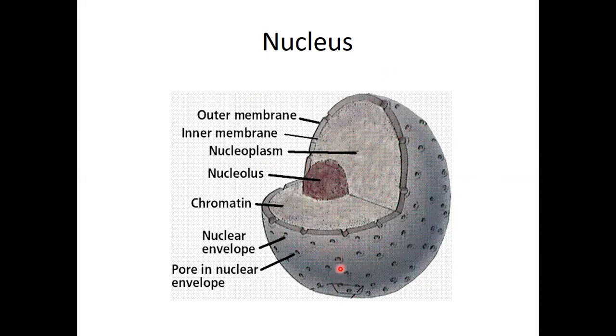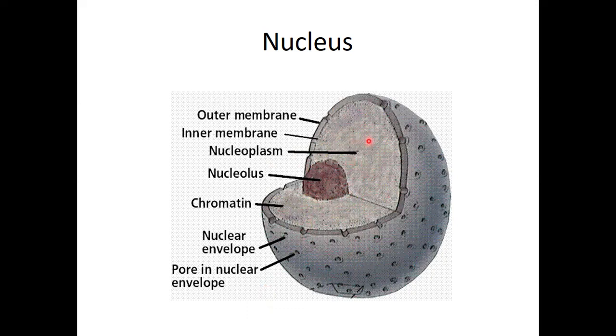These nuclear pores are essential for transportation of ribosomes, since the nucleolus is an organelle that produces ribosomes. Ribosomes have to pass through these pores to go into the cytoplasm. They have to leave the nucleus because ribosomes perform their functions in the cytoplasm.